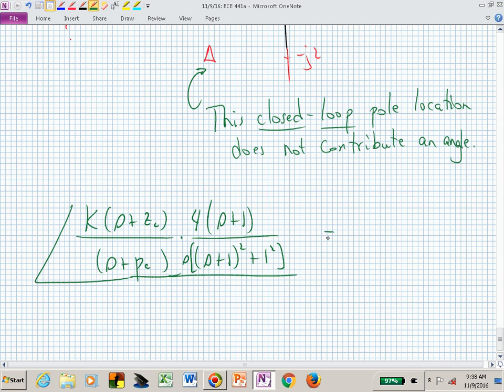And I want to find p sub c such that that collection of angles gives me minus 180 degrees. But how do I find the angle contributed by the s plus z sub c factor?